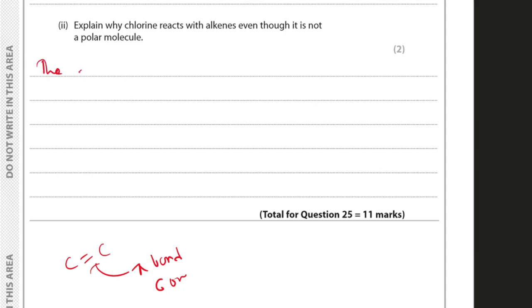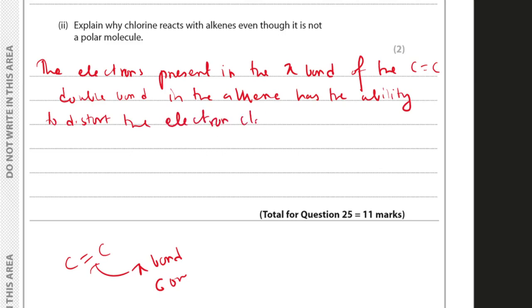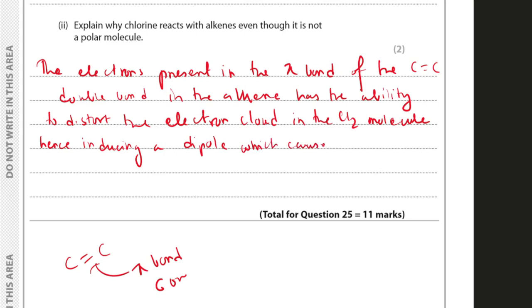So we can say the electrons present in the pi bond of the carbon to carbon double bond in the alkene have the ability to distort the electron cloud in the chlorine molecule, hence inducing a dipole, which causes it to react.